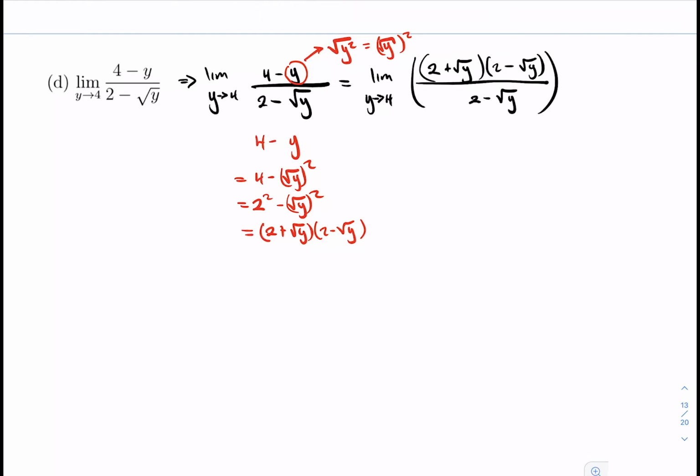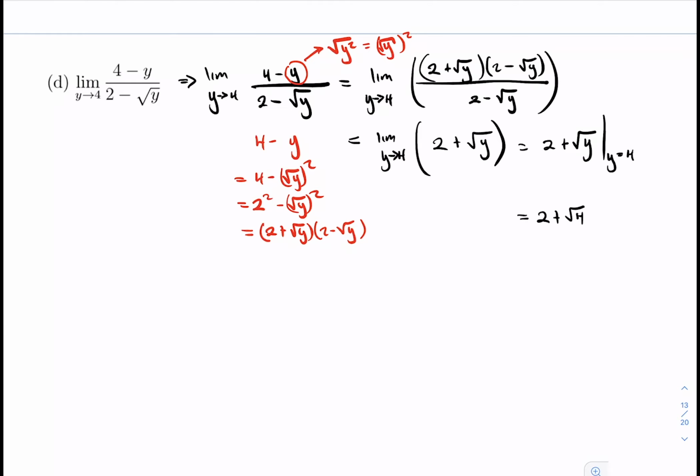Continuing with our solution, this limit is now equal to the limit as y approaches 4 of 2 plus the square root of y, which is 2 plus the square root of 4, which is 2 plus 2, which is equal to 4.